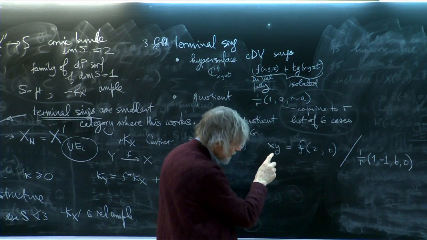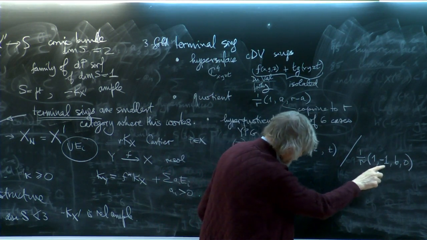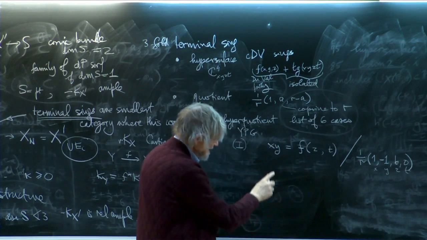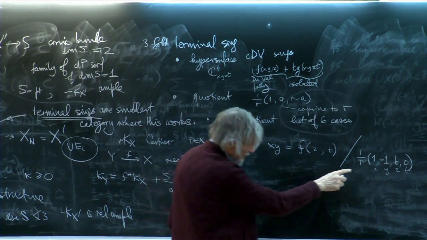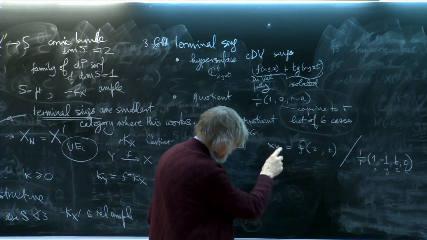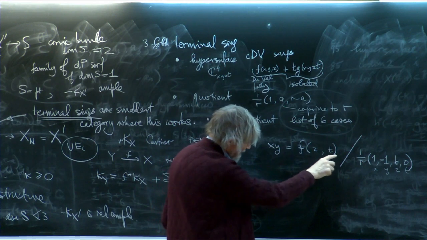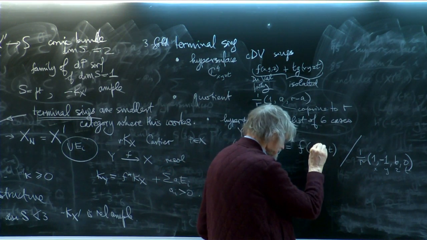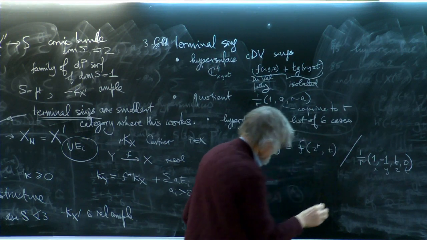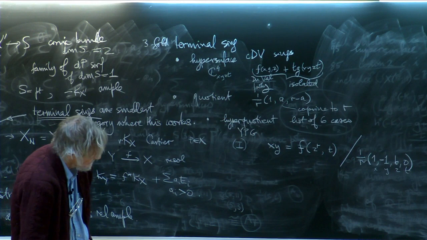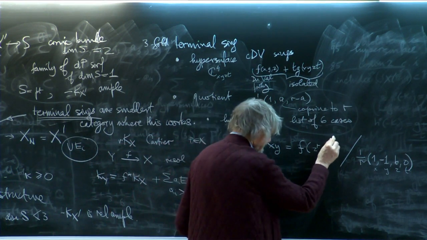Yeah, and so this is x, y, z, t. The x and y have these opposite signs, and that means that this is invariant. So I want this polynomial to be invariant. The b is supposed to be coprime to r, so I have to put z to the power of r there.